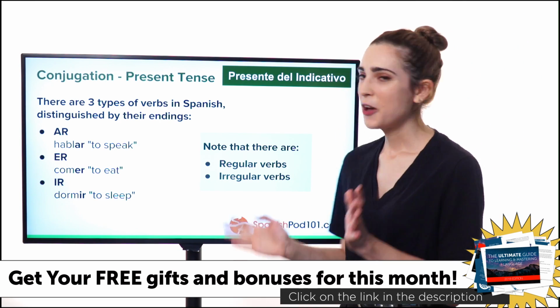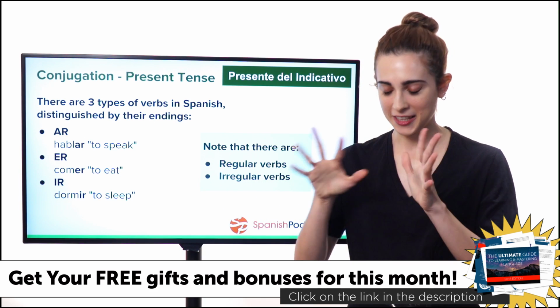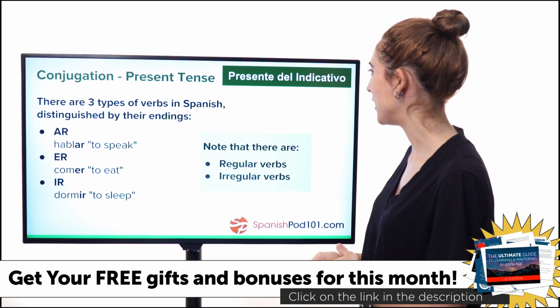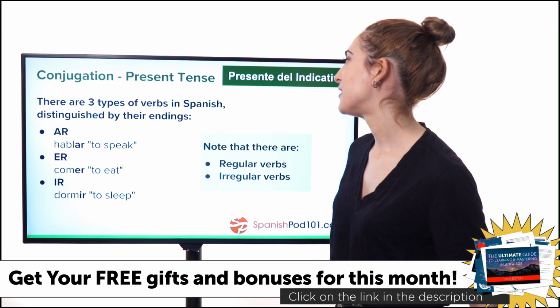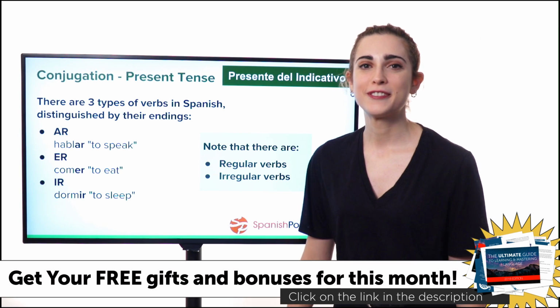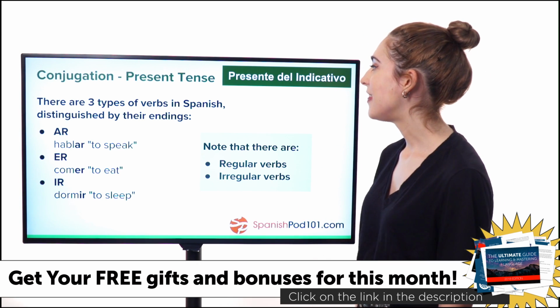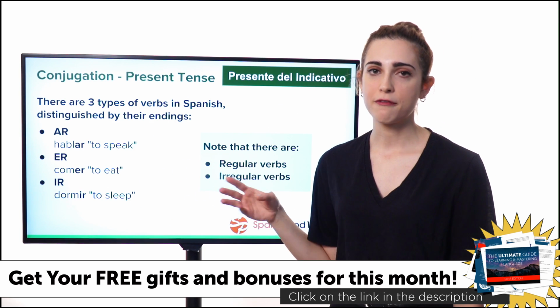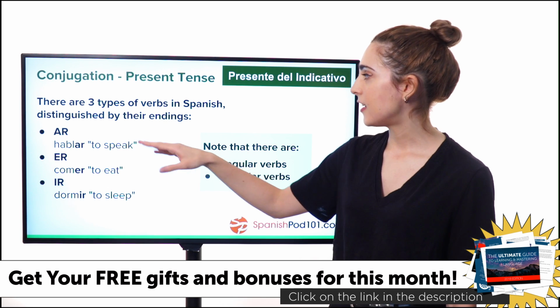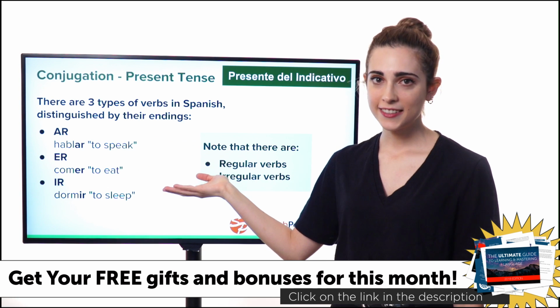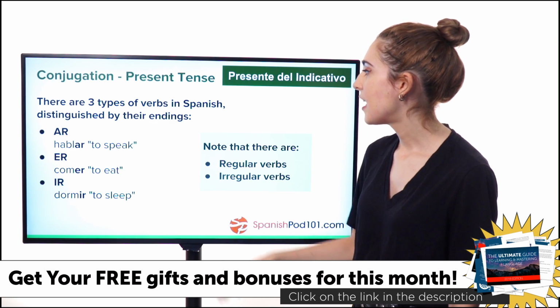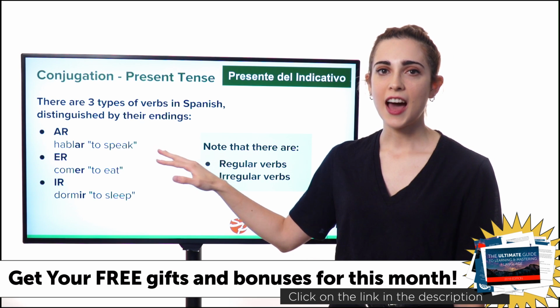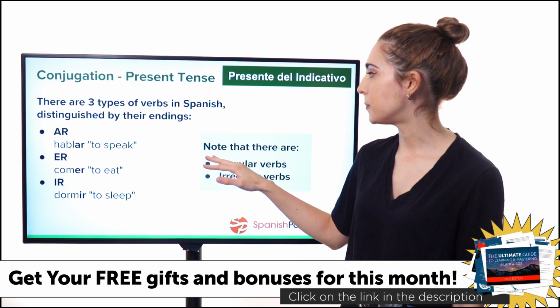So we are going to get into how we deal with these verbs. We have three types of verbs in Spanish, and they are distinguished by their endings. The ones that end in AR, for example hablar, which means to speak.